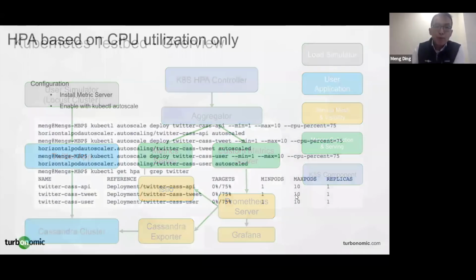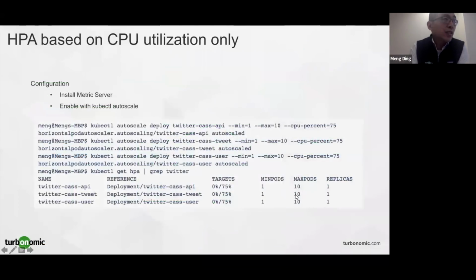Naturally, we think that the easiest step would be to use the CPU-based HPA because that is readily available. All you need is to install a metrics server that supplies the metrics that are needed, and you just run a few commands to specify the parameters.